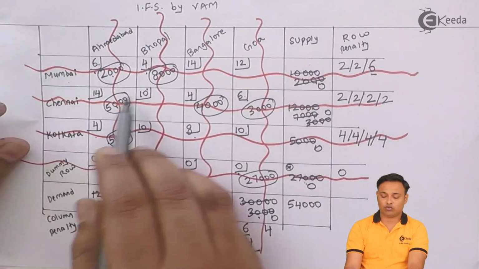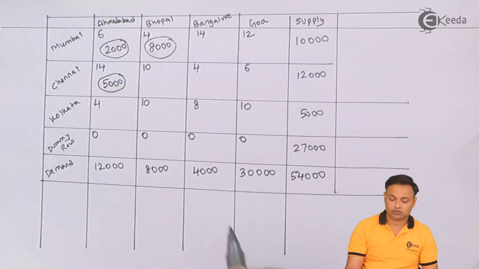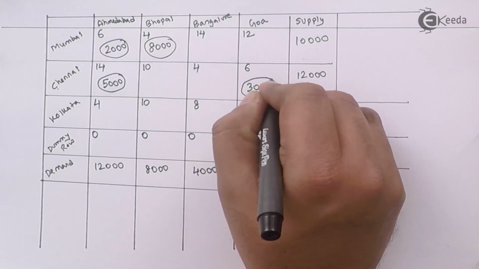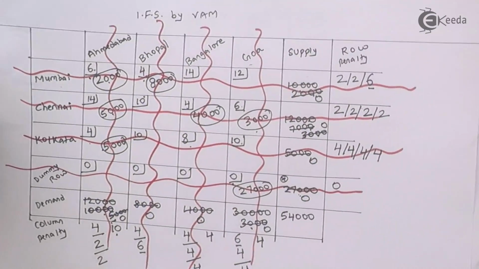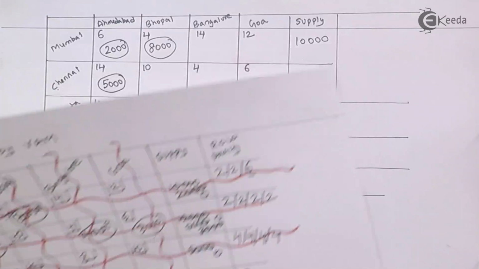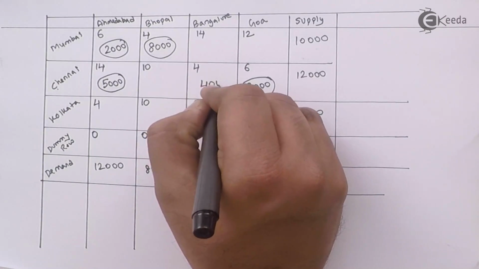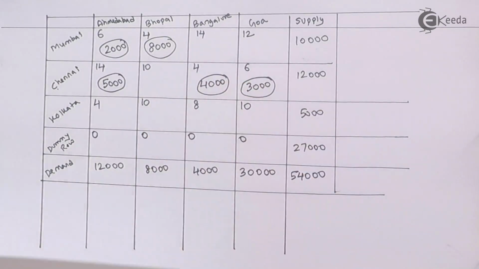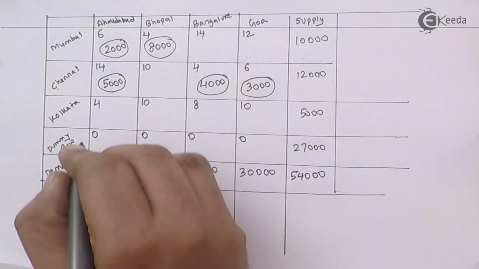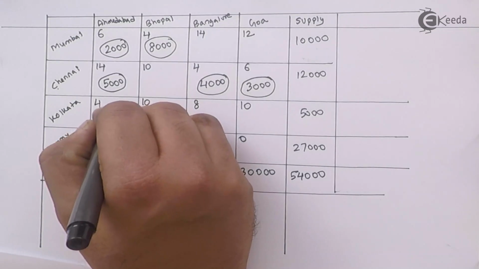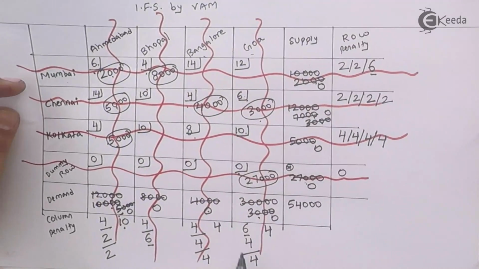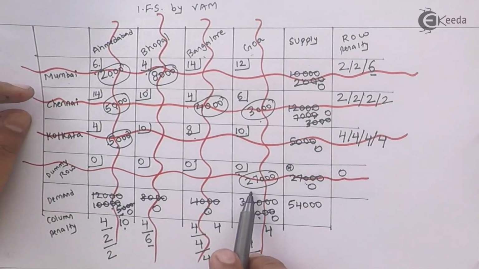Then we have Chennai to Goa 3000. We have Chennai to Bangalore, 4 is the cost, 4000. Then we have Kolkata to Ahmedabad 5000. Last we have dummy to Goa 27,000.